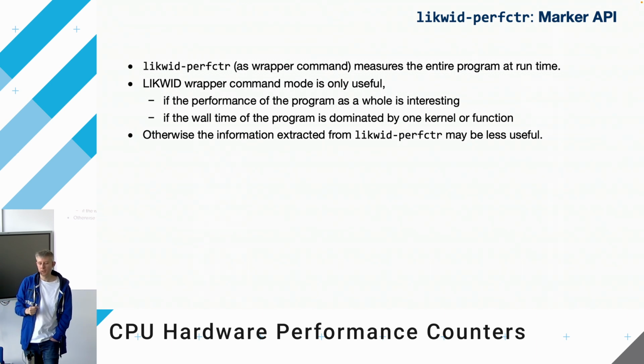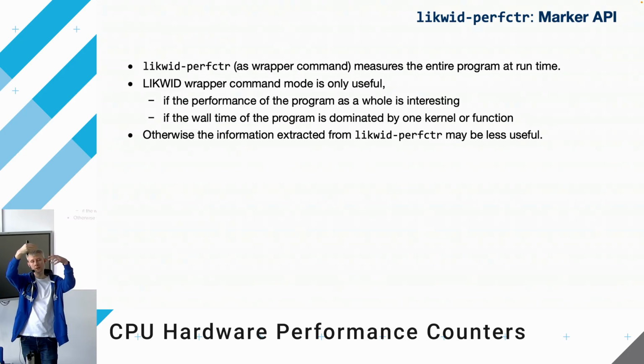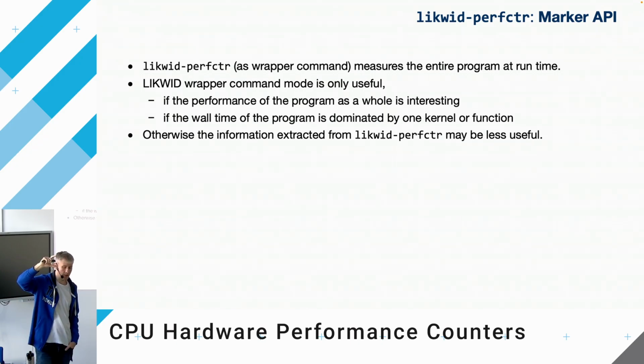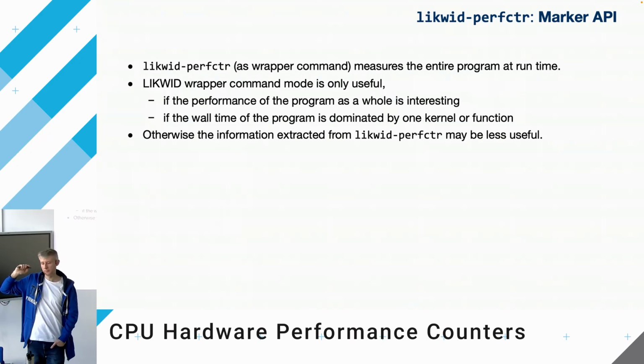This way you can more precisely look at the behavior of a certain part of your code. For example, you have some initialization phase, and then you have your interesting part of the code, and then you have some finalization phase. You can, using this marker API, only look at the performance metrics for this important part of your code. But for this, you have to recompile your program.